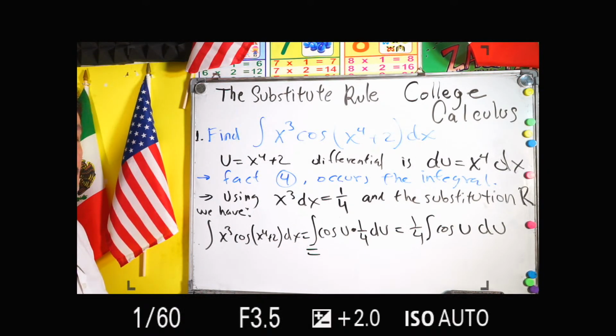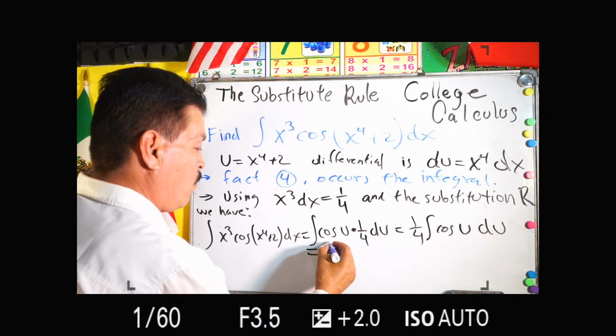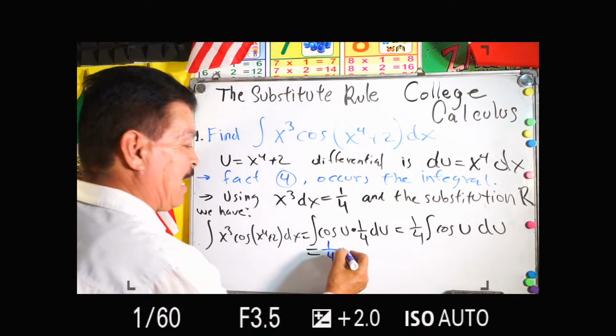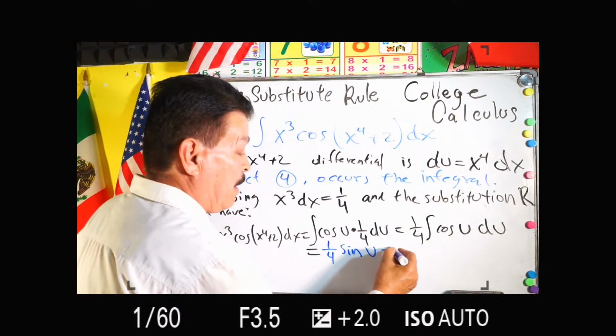Let's simplify here. I'm going to use this different color. One-fourth of sine of u plus c.